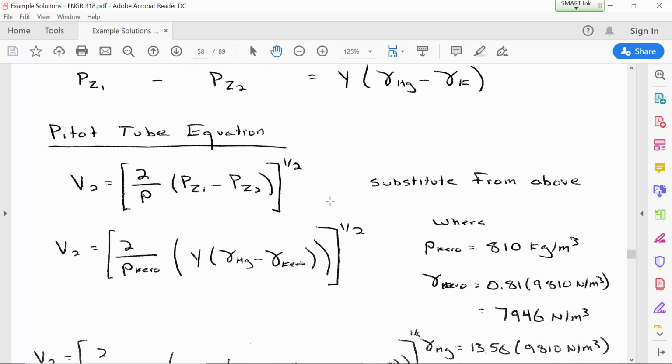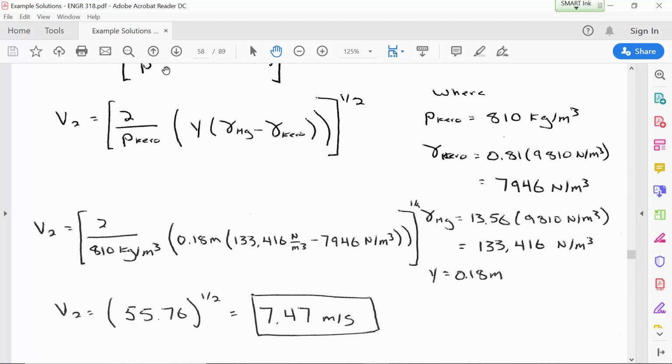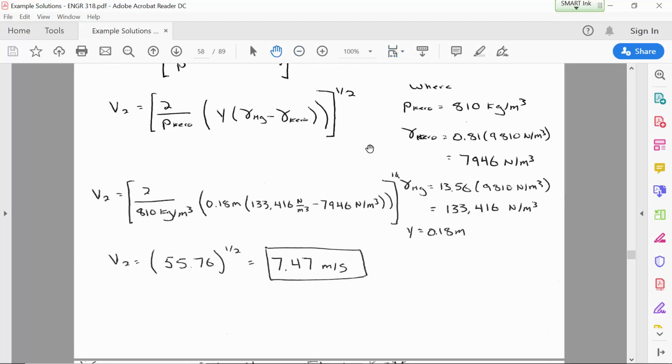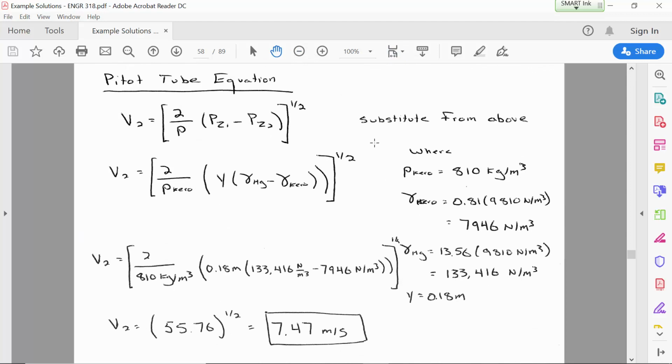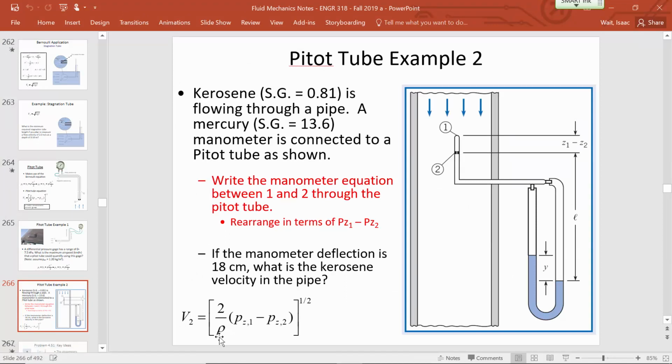Now we have to calculate the density and unit weight from the given specific gravities, so that when we substitute it all together, what we'll see is that the velocity at 2 should be 7.47 meters per second. Now this last piece here, which density do you use? I don't think that was necessarily specified in the formula.